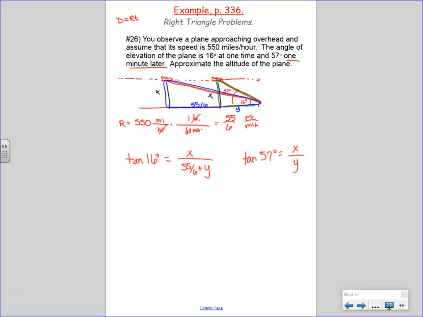So you'd still have to figure this out to know how far it needs to go to get over your head. So what we're doing could figure out how far, and that could tell you how long until it's overhead, but I don't know if you could go the other way. I don't know if we have enough information.